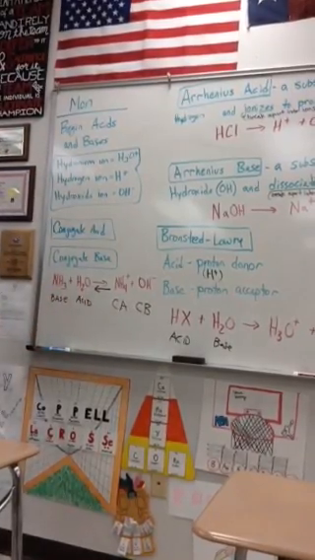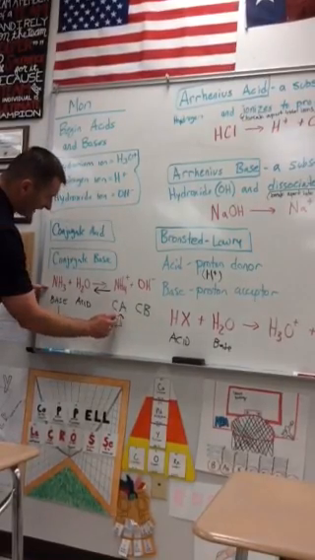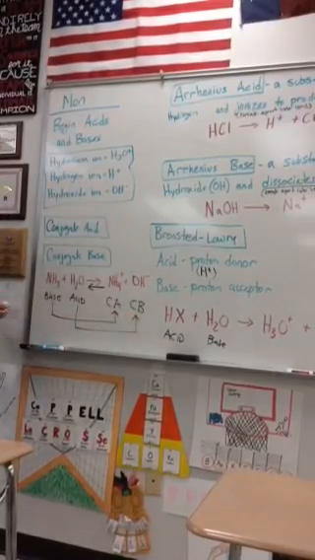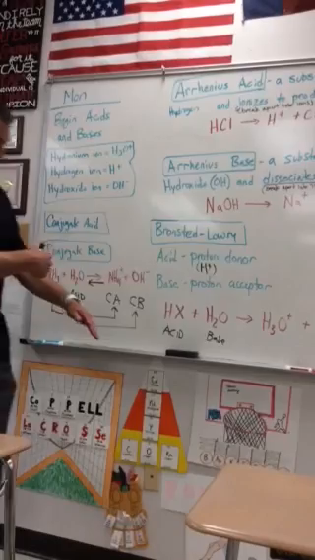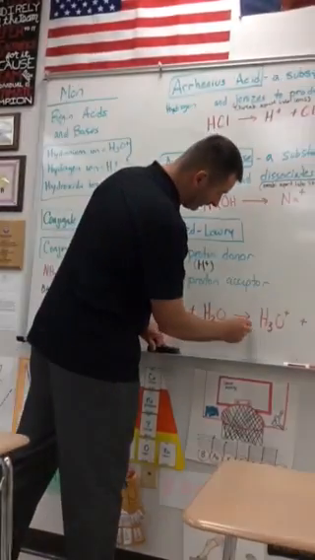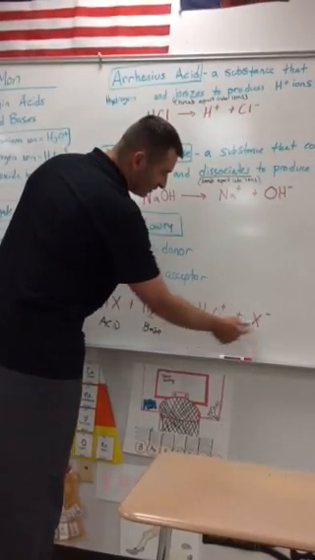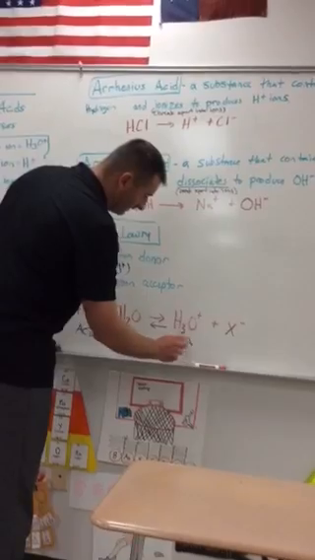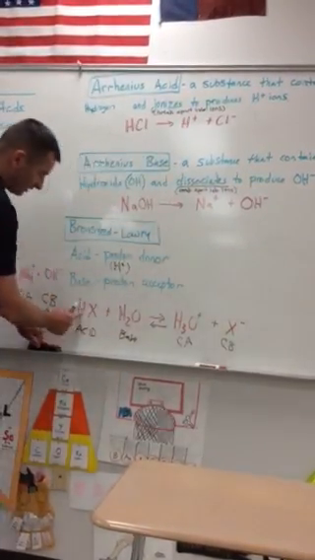And so what you're going to see is your base turns into your conjugate acid, and your acid turns into your conjugate base. And the best way to deal with that is to go backwards. If I go backwards here, that's the easiest way to find out what is what. Which of these is going to donate a proton? This one will. So that's my conjugate acid, and this is my conjugate base because it's going to accept an H to look like that.